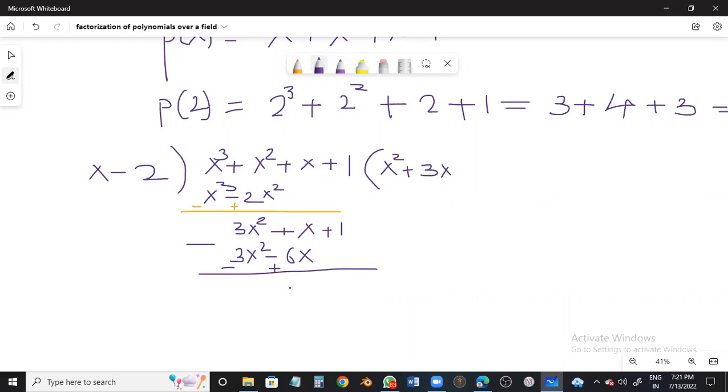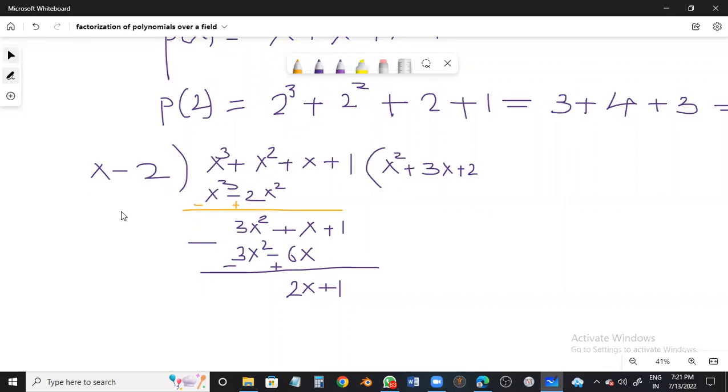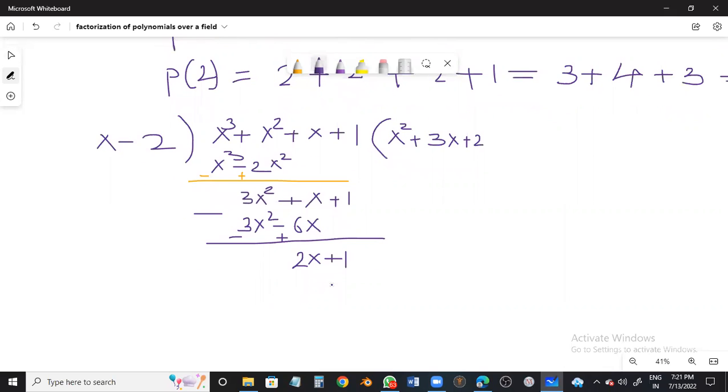And 7x means I'm having 2x plus 1. Hope you agree. Then I have to divide by plus 2. If I divide by plus 2, what do I get in hand? 2x minus 4, and I'm subtracting. So what is the answer? Signs I have to change. This will be plus 5, and plus 5 is nothing but a 0. Zero. So what is the factorization I got?